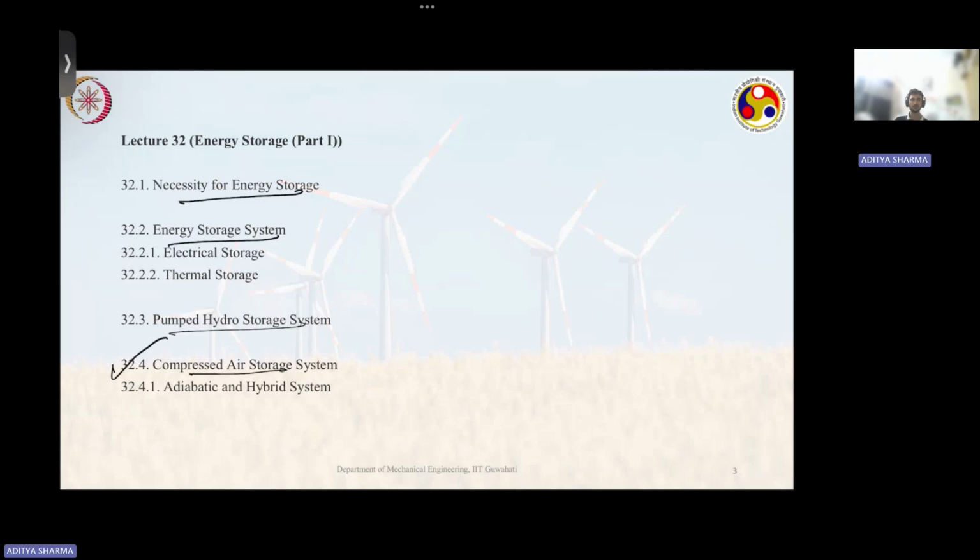Necessity for energy storage system types. Electric storage. In electric storage, we have electric mechanical storage and then direct electrical storage. Then is your thermal storage in the form of your sensible heat, latent heat, and chemical reactions. In chemical reactions, specifically endothermic reactions.